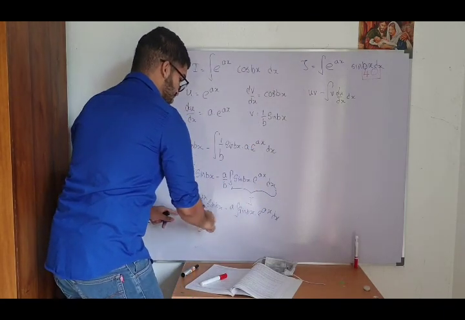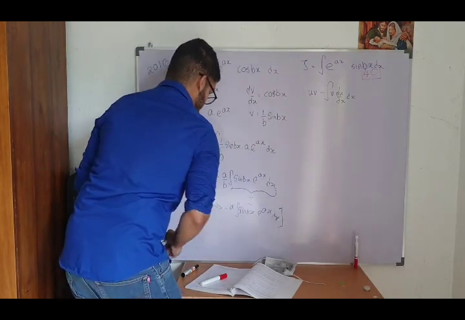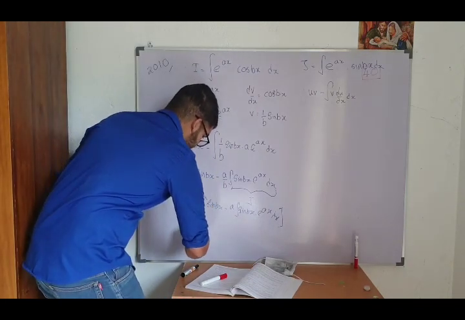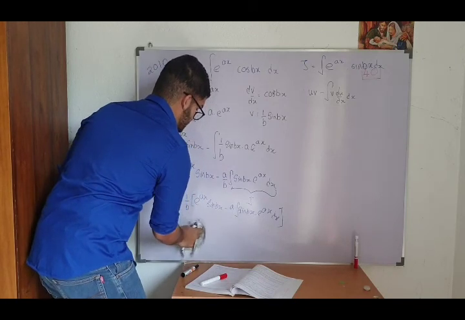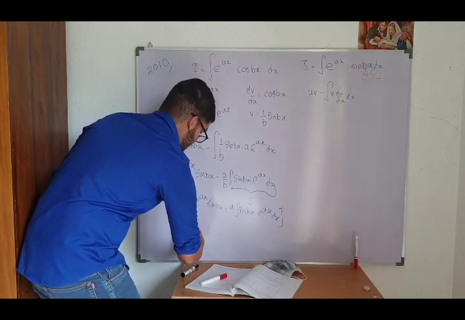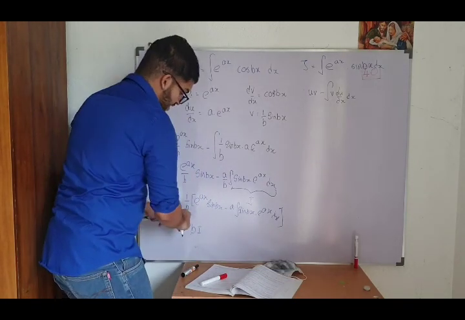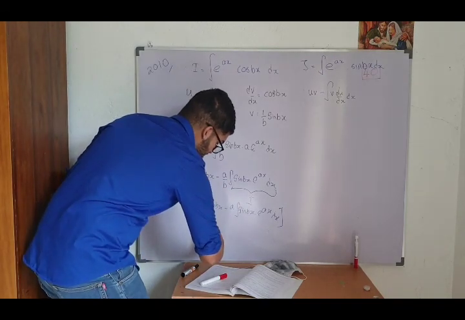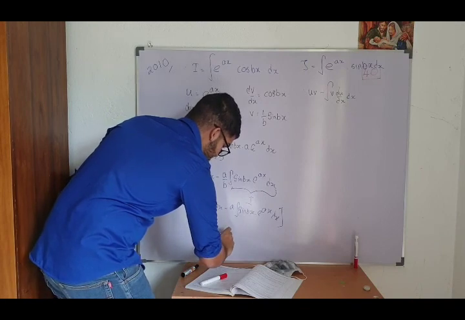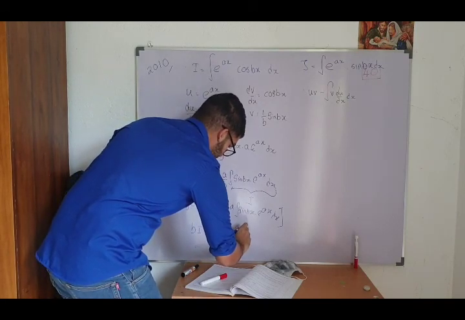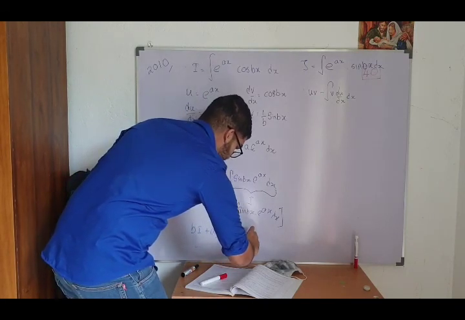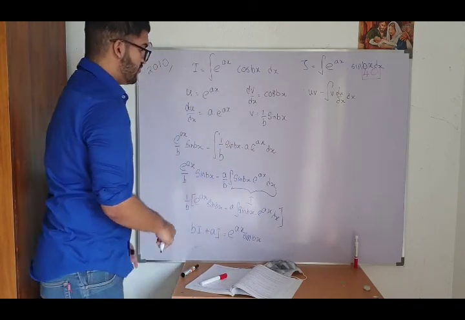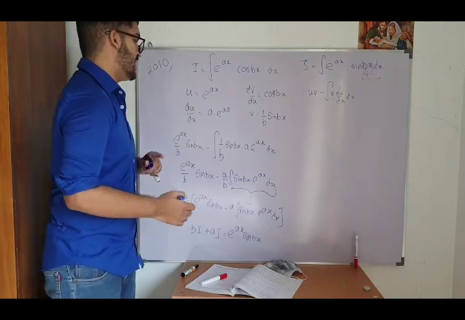Now you take this b to the other side, so you will get a·I, and you get b·I, and once you take this to this side, this is going to be plus a·j equals e^(ax) sin(bx). So therefore you have the first answer which they have asked.